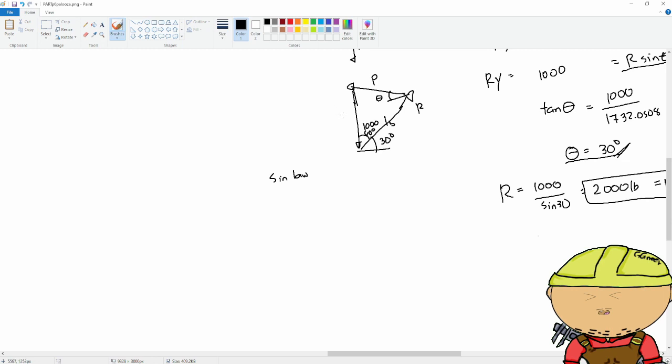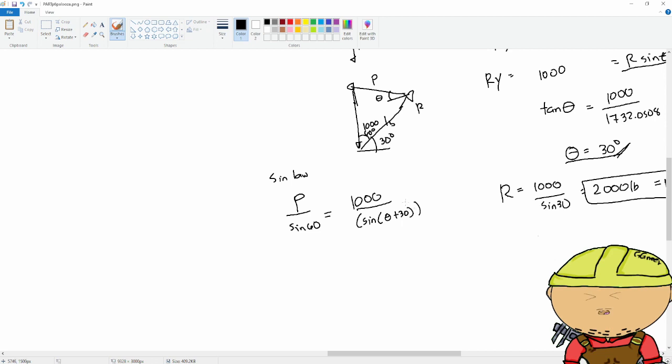So if this is 1000, P over sine 60 is equal to 1000 over sine of theta plus 30 degrees.